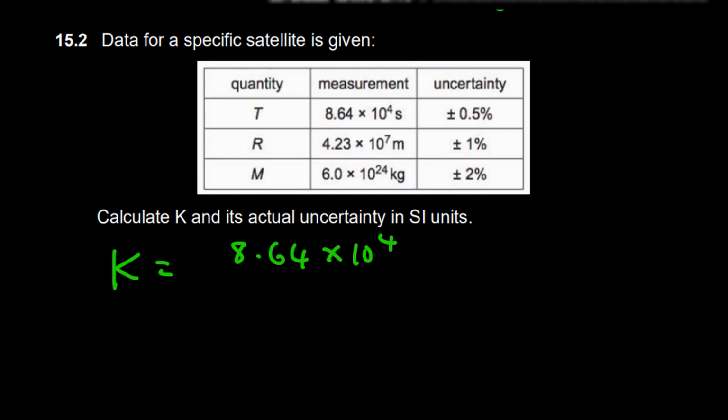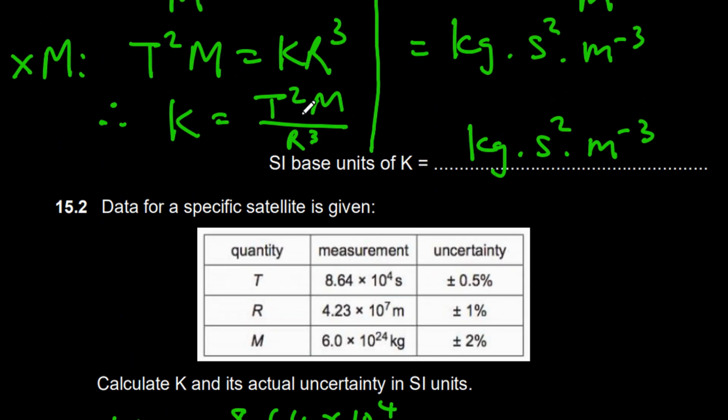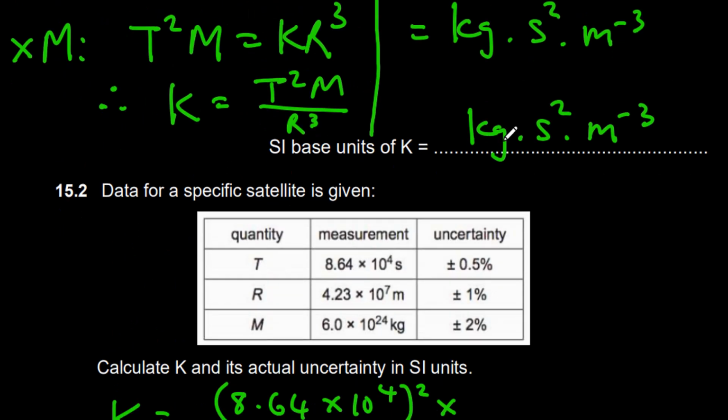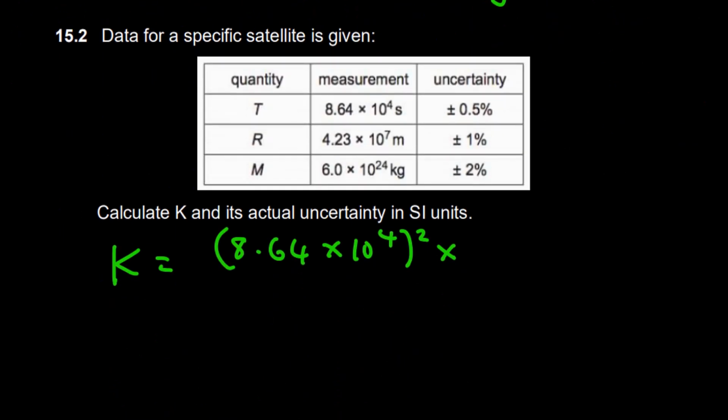So it's T squared, then times M, all over R cubed.